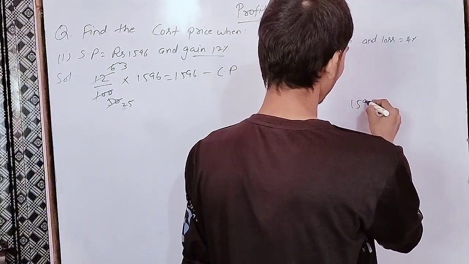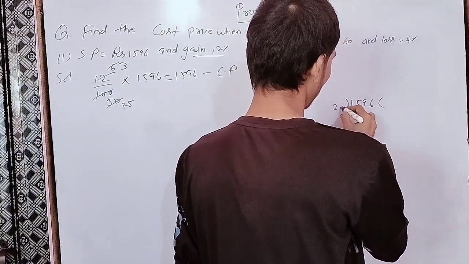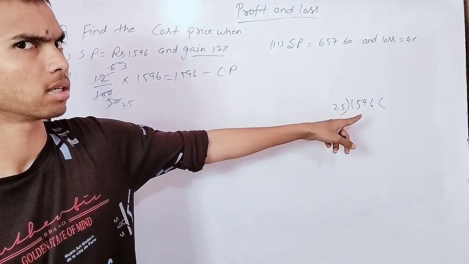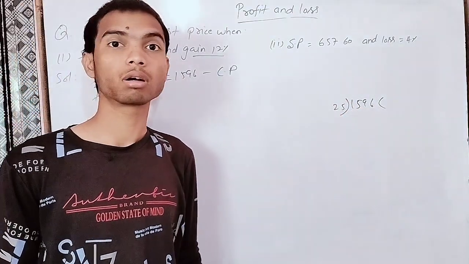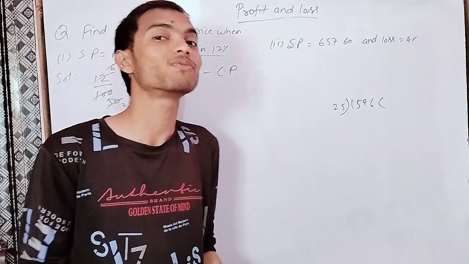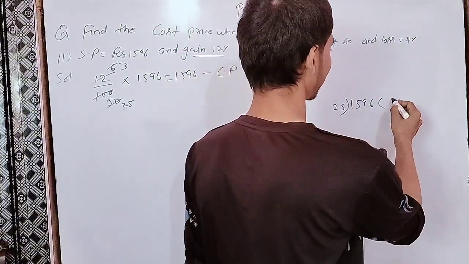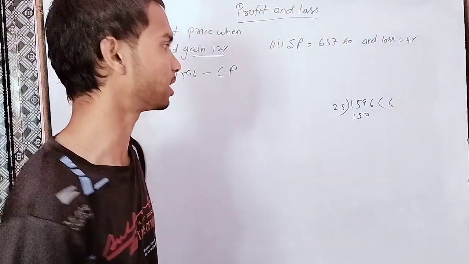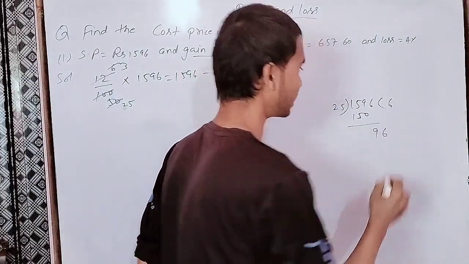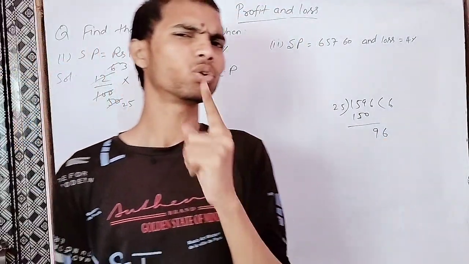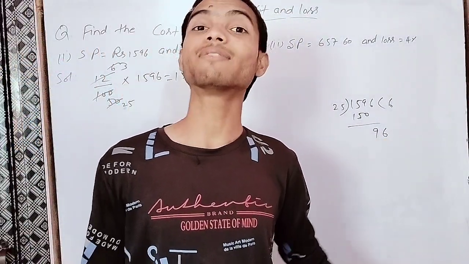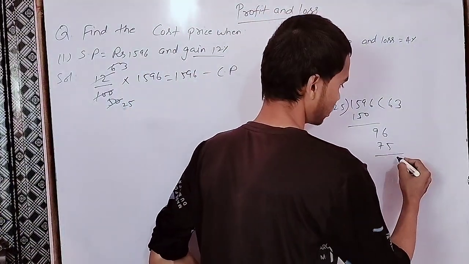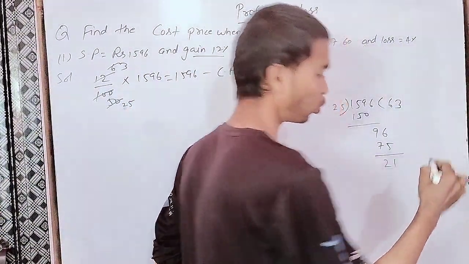Let's say 1596 by 25. 25 fives are 125. 25 sixes are 150. 9, then 96. 25 threes are 75, which is 1.